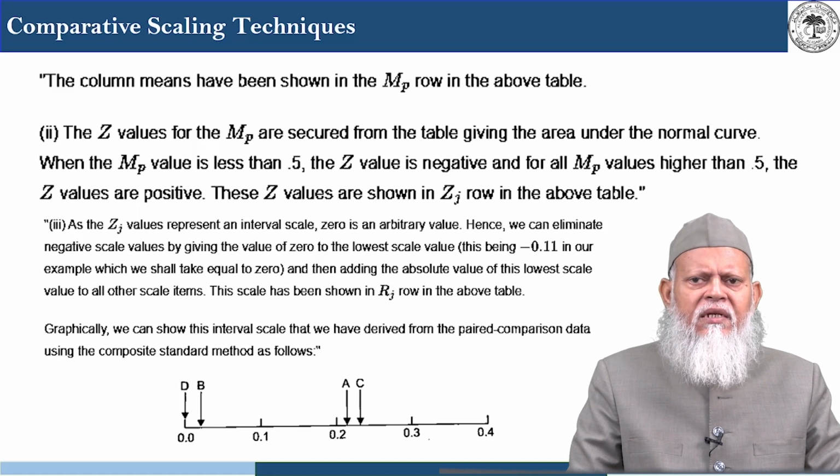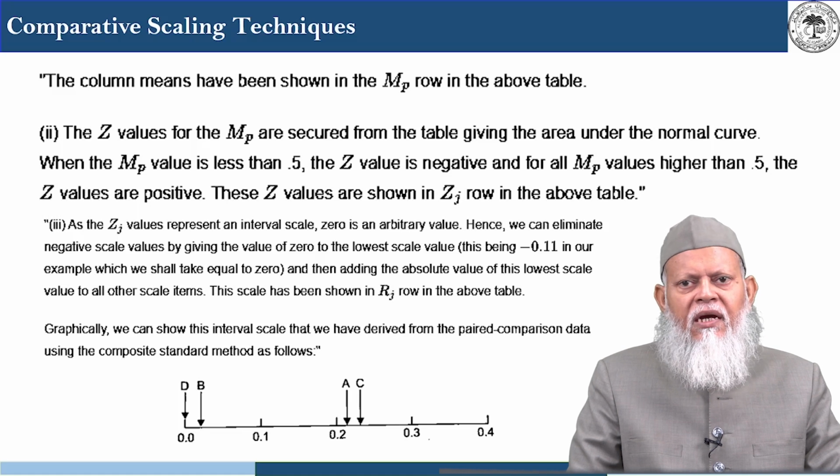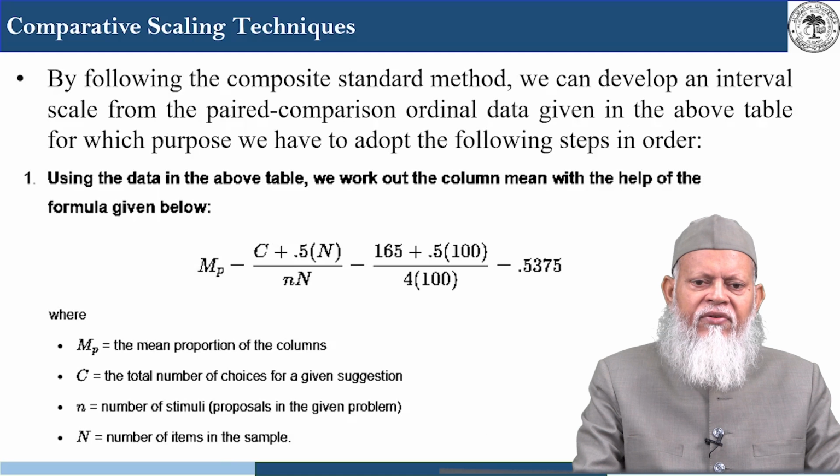It only needs small arithmetic calculations, and with the help of these, the formula and the methodology given here, we can always arrive at this kind of scale with very small effort. So I wish I have been able to make this concept of paired comparison clear to you.